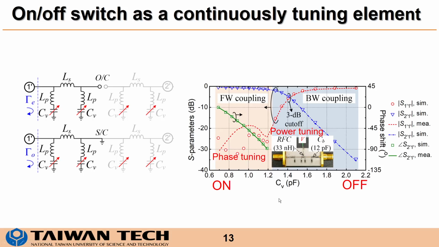Then we get different capacitor tuning values. So we can see that the phase and the power are changing when we vary the capacitor value, and this is performed in continuous tuning.